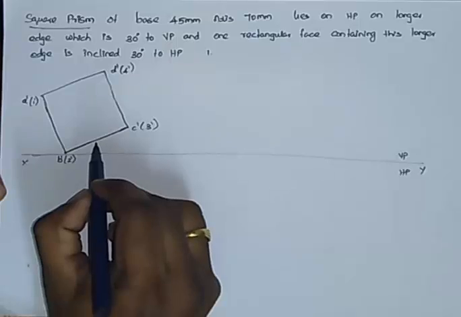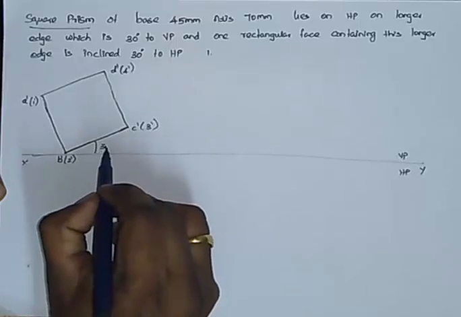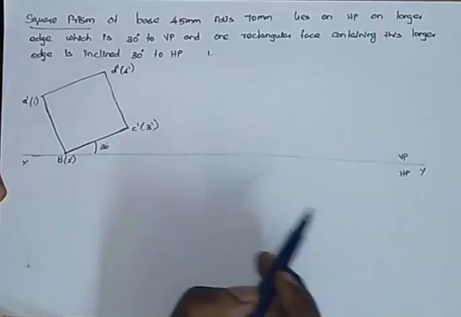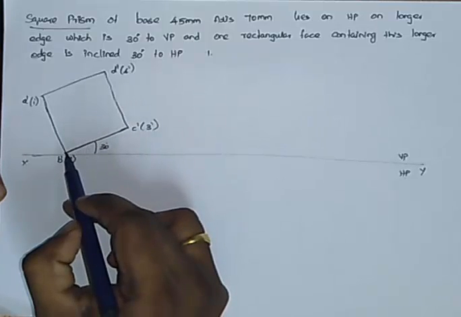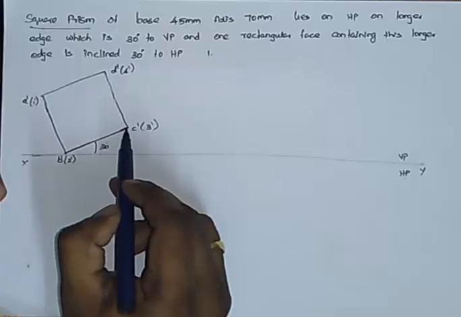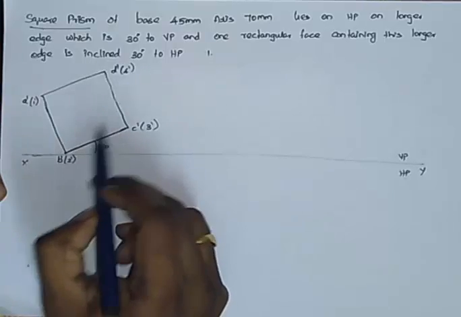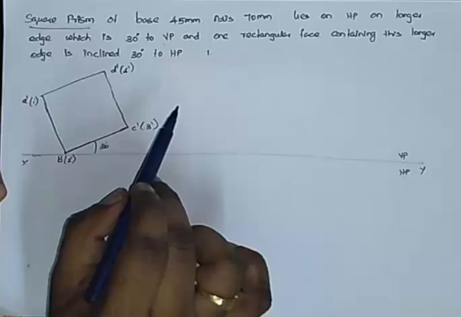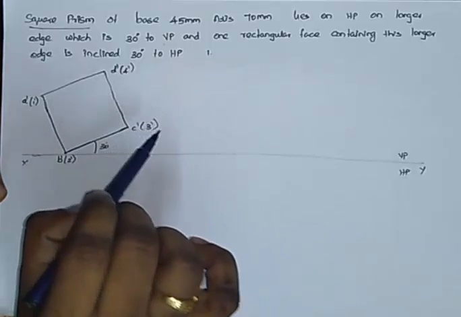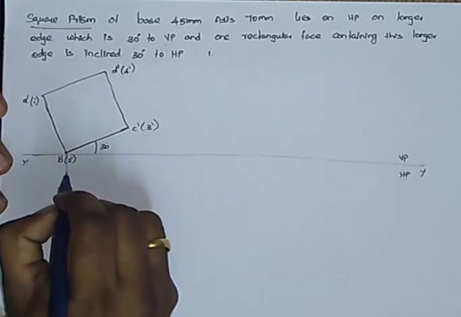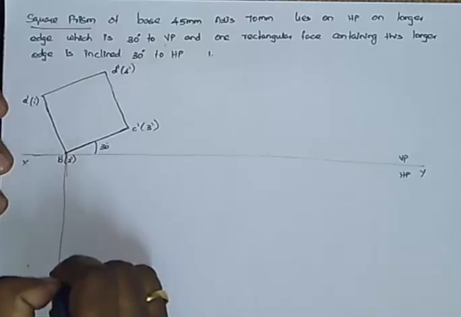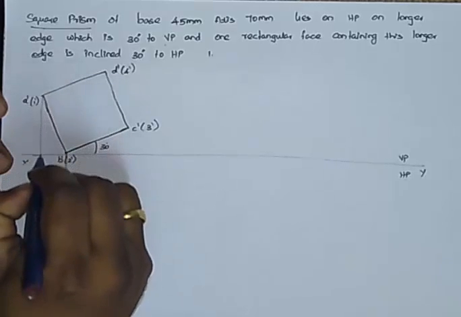This rectangular face makes 30 degree with HP. This rectangular face contains two longer edges. This one is one longer edge, this is the second longer edge. This longer edge is 30 degree to VP. So the axis makes 30 degree to VP, right? So next you project all these lines downward.